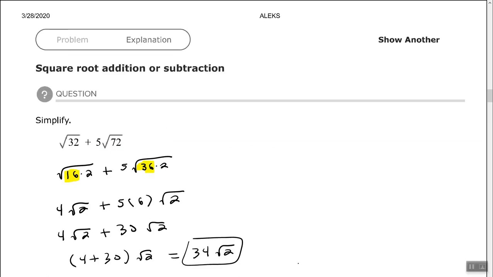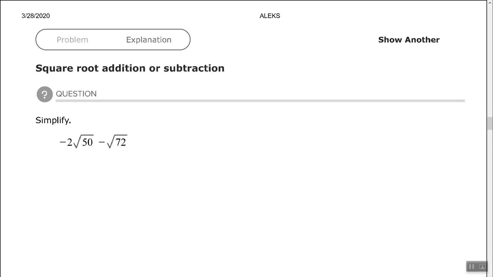Okay, all right, so let's look at another one. So here we have negative 2 times the square root of 50 minus the square root of 72. So I'm going to simplify 50 and 72. So negative 2, 25 is the largest perfect square that'll go into 50. We just worked on 72 and we had 36 times 2.